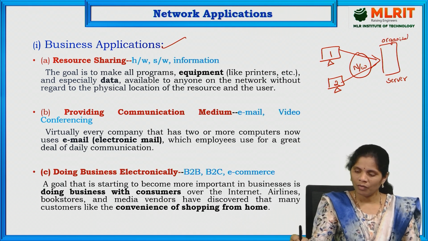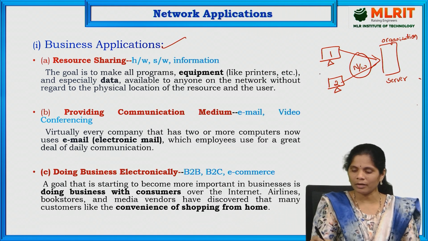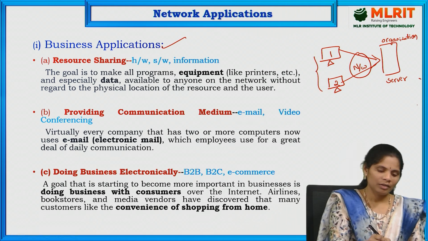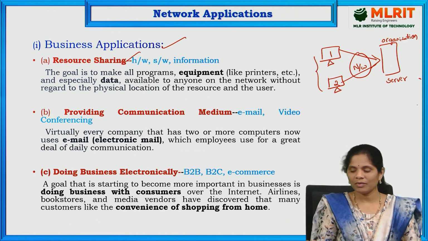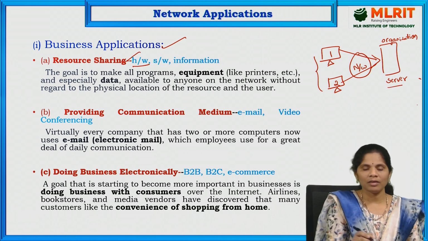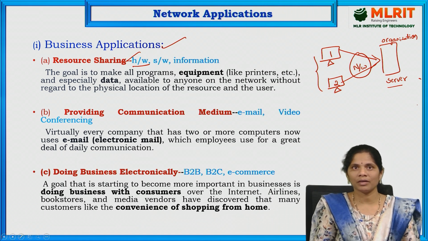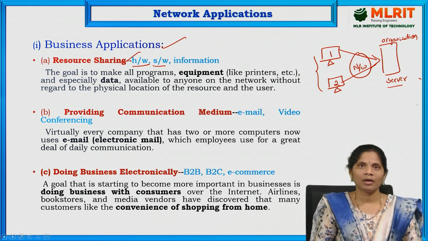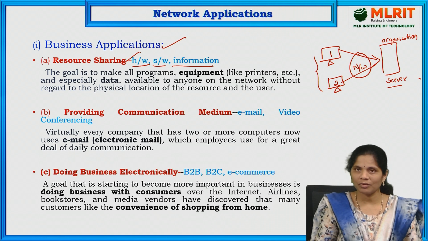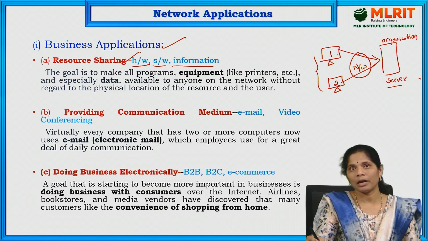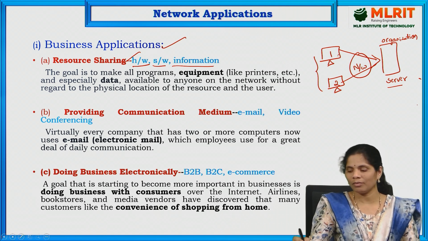So what services does this organization provide to these clients? First, resource sharing. What type of resources does this server share? Hardware sharing: if I want to share any hardware, I can share. And next software, and next information. If I want to share information between clients, I share it using this particular server.